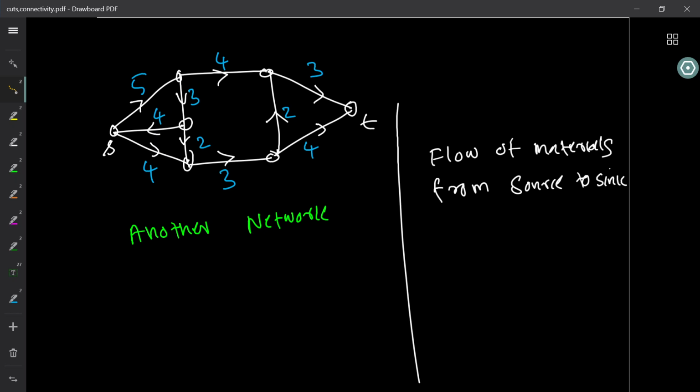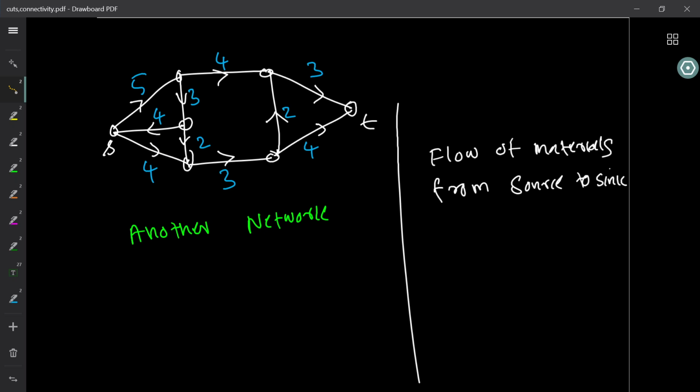But it should also satisfy that for every vertex, whatever comes in must also go out. Basically, the sum of all the incoming flow must be equal to the sum of all the outgoing flows, for every intermediate vertex, so that we make sure that nothing is lost in between.